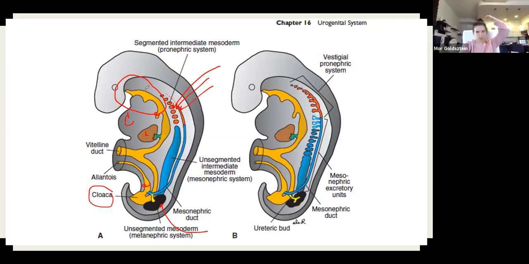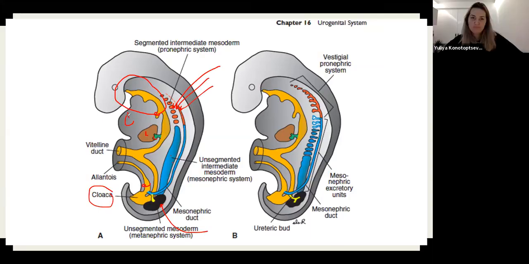The heart? The heart is here. Oh, sorry. Pharyngeal gut tube is going to be here. So in this particular area, that's where the pharyngeal gut tube will be. Pharyngeal gut tube will occupy majority of the space in this area. As a result, it will push the pronephros out of this area.